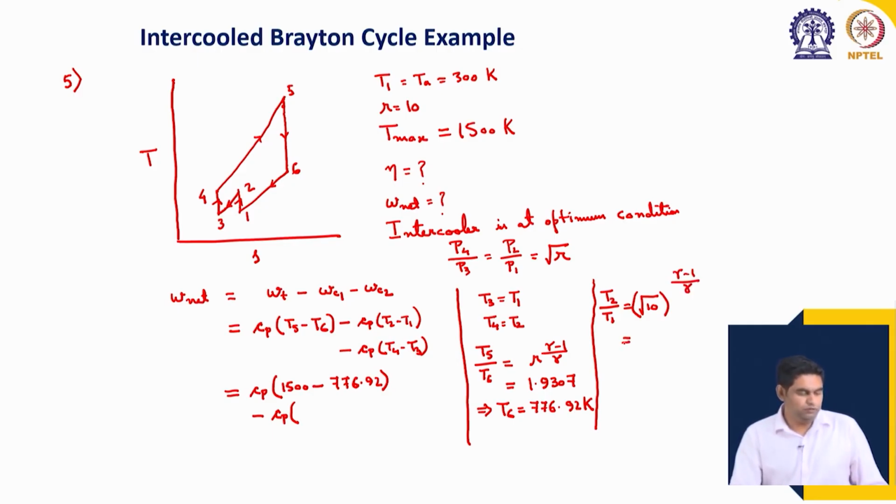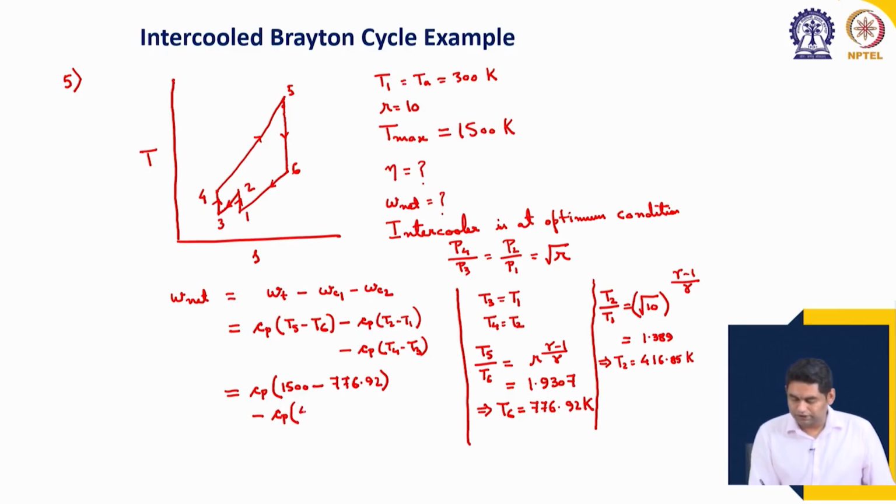So, this comes out equal to 1.389, which gives us a value of T2 equal to 416.85 Kelvin.